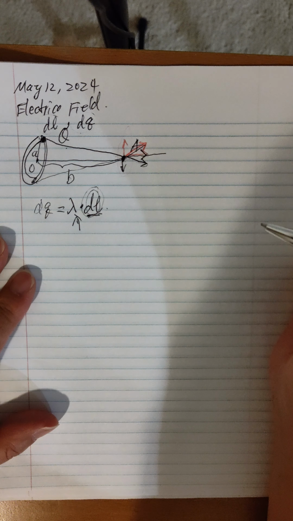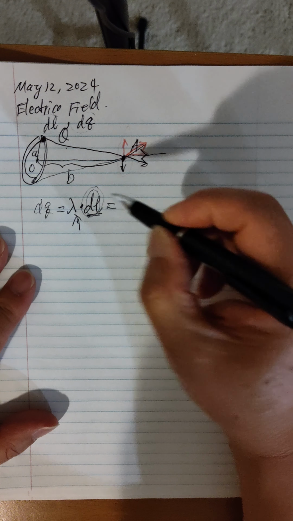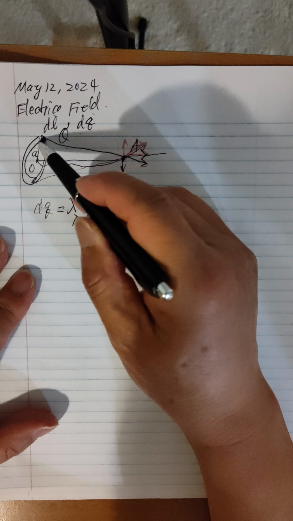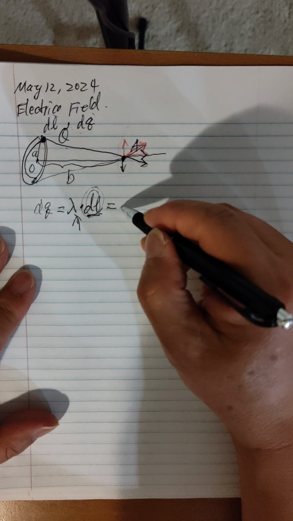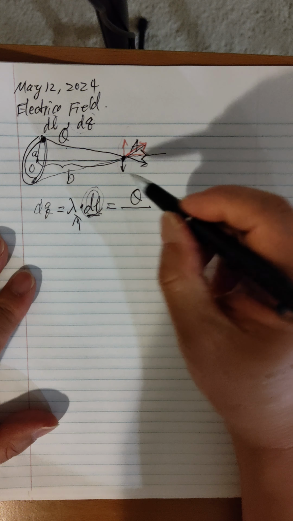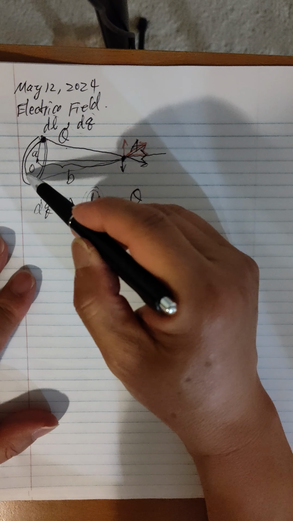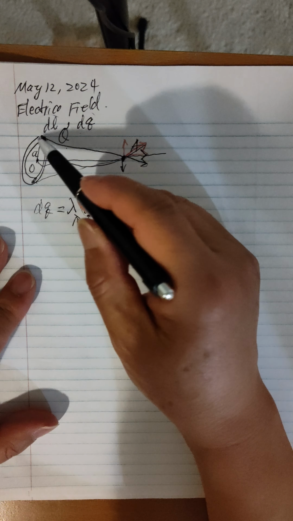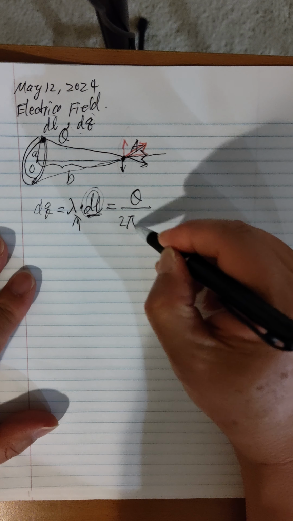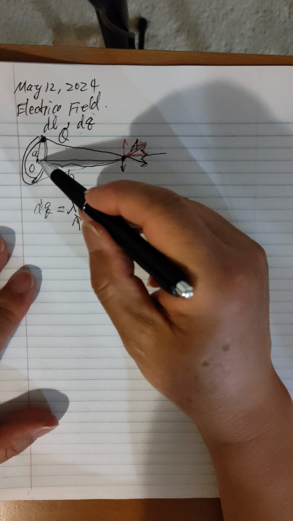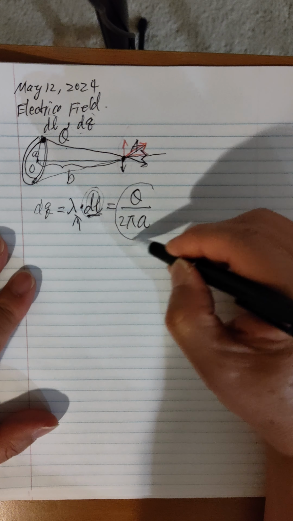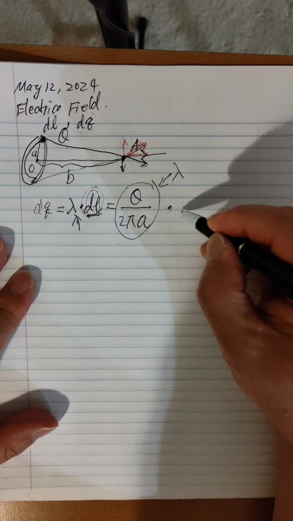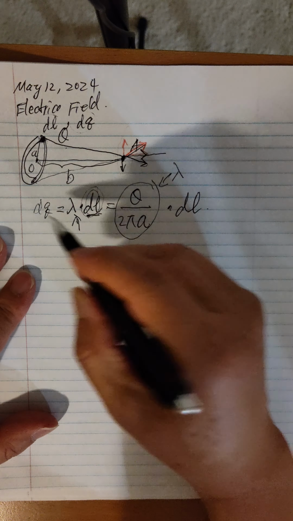Lambda is the charge density. We know the whole charge along the ring is Q. If we divide Q by the total length of the ring, which is 2 pi a based on the geometry, we get the charge density lambda, and then that times dl is our dq.